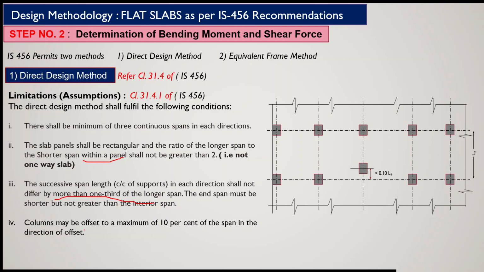Another fourth point is column may be offset to the maximum of 10% of the span in the direction of offset. So we have shown here, suppose if this column is not in line with the other columns, that means their center lines are not coinciding, and this column is having some offset, then it is mentioned in the fourth assumption that this offset should be less than 10% of the span in the direction of offset.